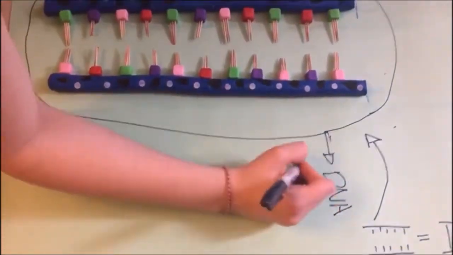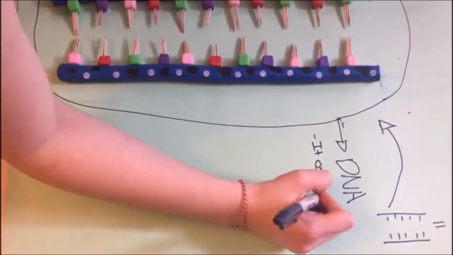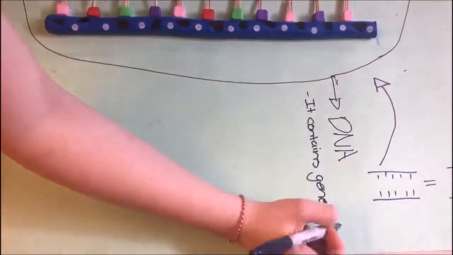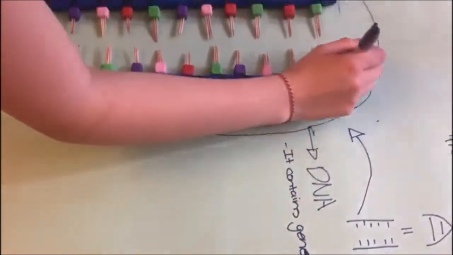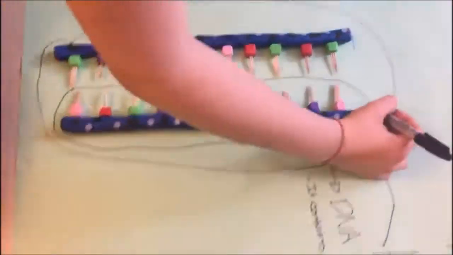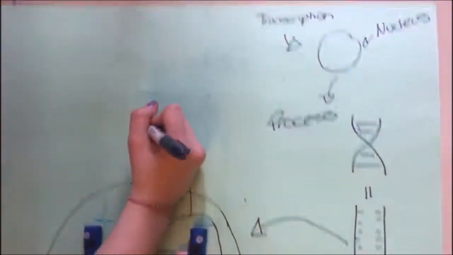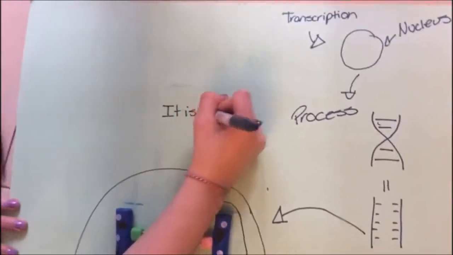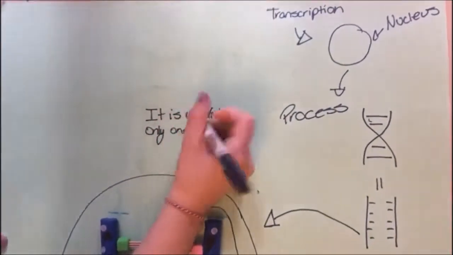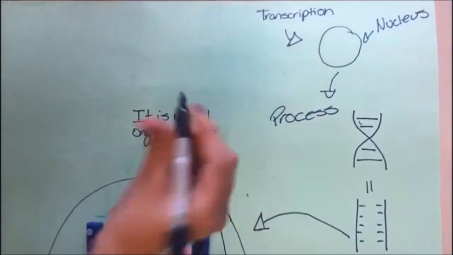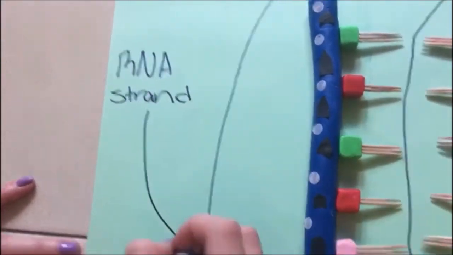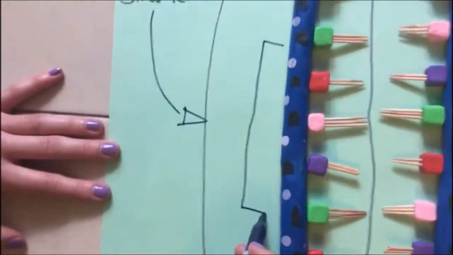Genes are pieces of the strand that contain nucleotides. While RNA is formed, only a single strand of DNA is required as a template. As the RNA strand detaches, the DNA gets back together.